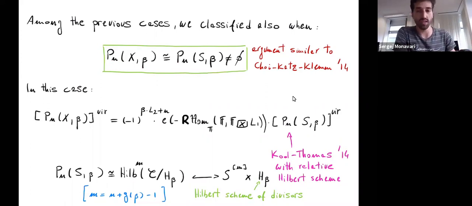And in order to fully classify when this happens, we adapted an argument of Choi, Katz, and Klemm that was used for threefolds, just adapted it one dimension higher. The nice feature here is that now you have a moduli space which you can see as a moduli space of sheaves on a Calabi-Yau fourfold, or as a moduli space of sheaves on a surface.